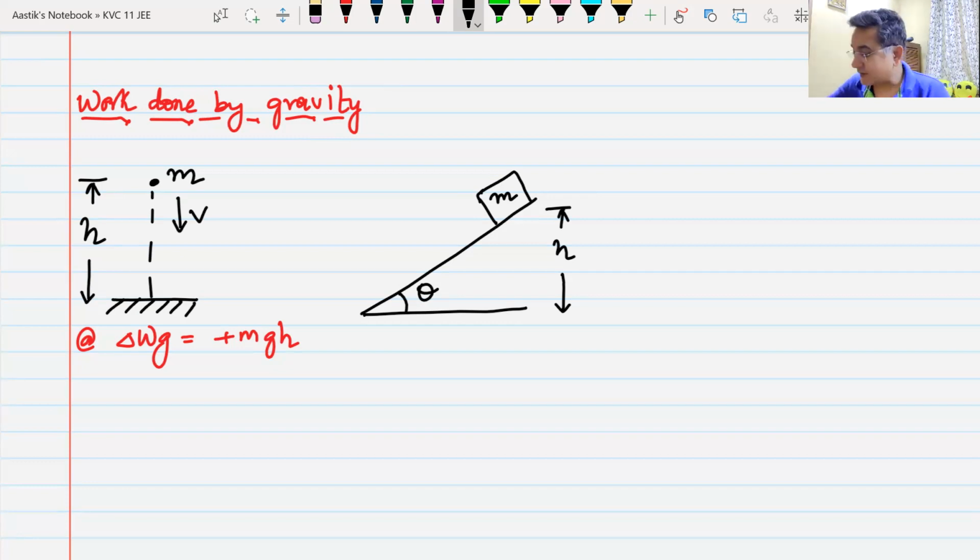It will slide down, sir. Okay. It will reach the bottom. What is the work done by gravity in this case? Case number B.